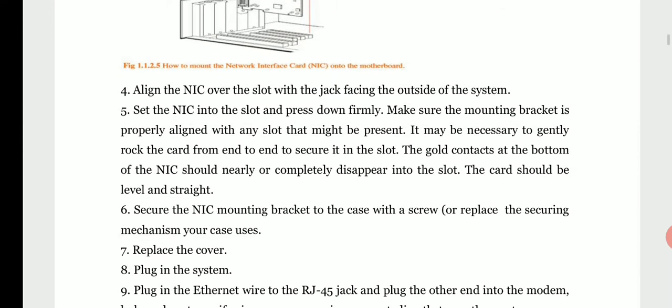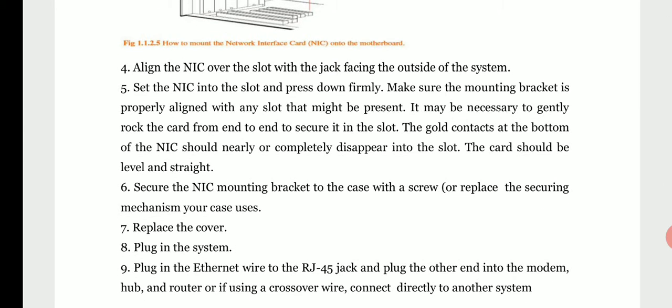Then, align the NIC over the slot with the jack facing the outside of the system, and set the NIC onto the slot and press down firmly. Make sure that the mounting bracket is properly aligned with any slot that might be present. It may be necessary to gently rock the card from end to end to secure it in the slot.